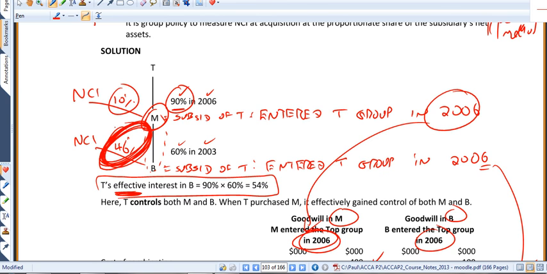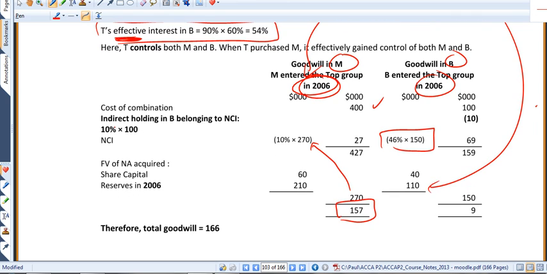We effectively own 54%. So to work out the non-controlling interest, I take 46% of that 150, which is 69, and therefore the final goodwill figure here is 9.